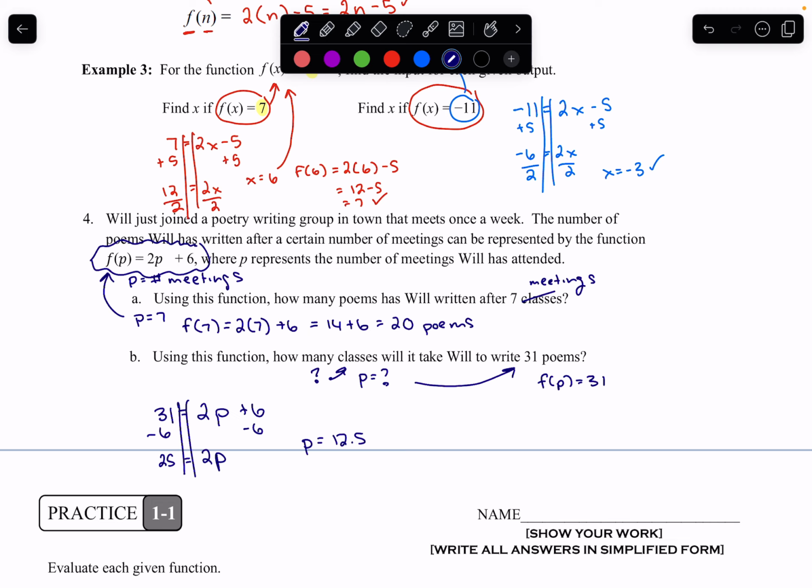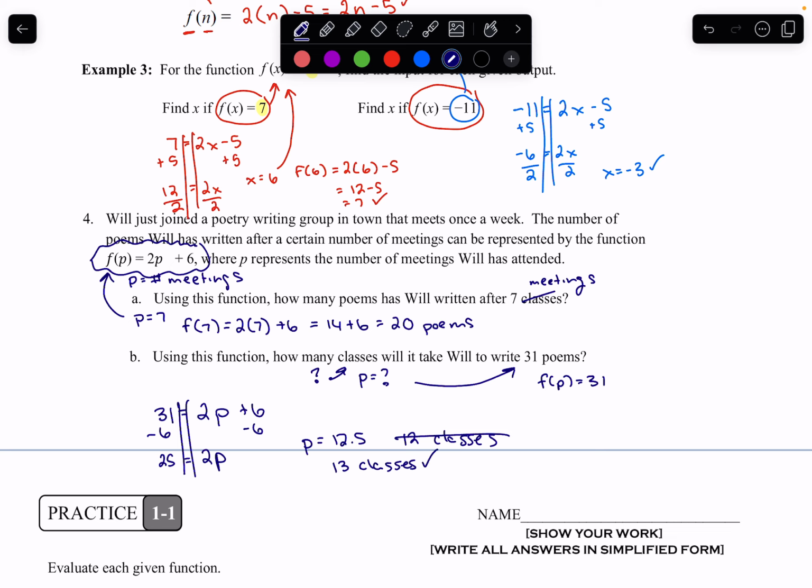We talked about our answers making sense. I also don't want to round down to 12 classes, because in 12 classes, I'm not going to have 31 poems. I'm going to have less than that. So I want this to round up to 13 classes, just using some common sense with that answer.